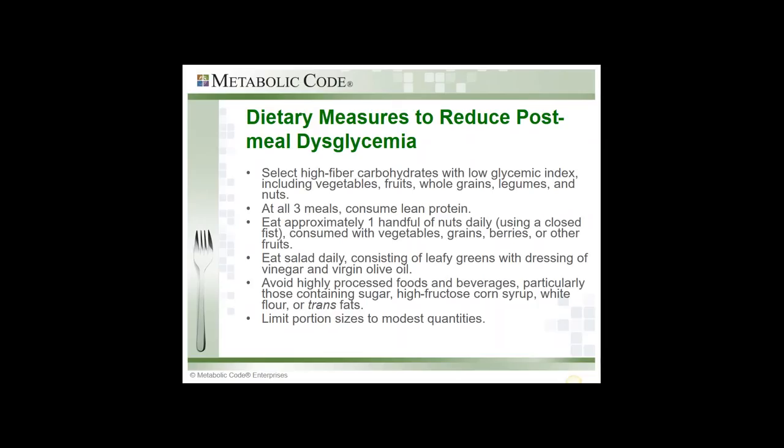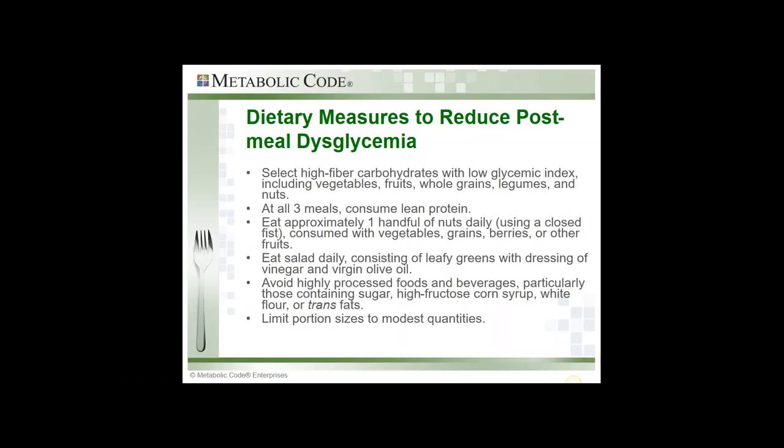The other thing that can help counteract this tendency for the blood sugar to really spike after a meal is to do what I call grounding a meal by consuming lean protein sources with the meal. This particular study, and you'll have the study citation on the next slide, says at all three major meals, consume a portion of lean protein.